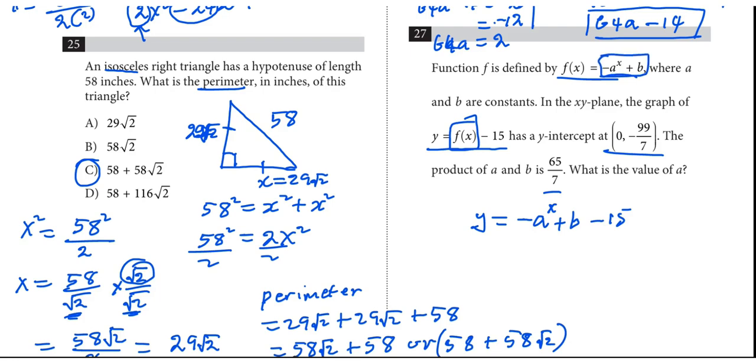Now at the y-intercept, x is 0 and y is negative 99 over 7. So let's write negative 99 over 7 in the place of y and equate this to negative a to the power of 0, because x is 0, plus b minus 15.